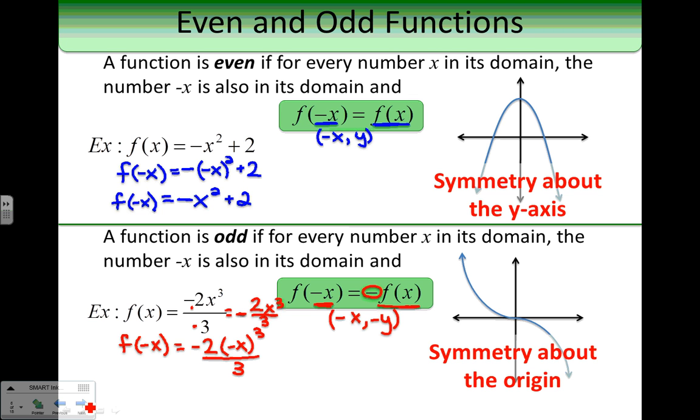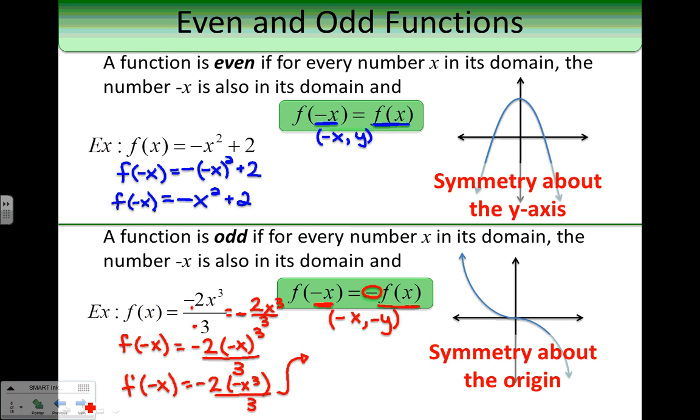So I plugged in negative x, so now I have negative 2 times negative x cubed. Well, negative x cubed is negative x times negative x times negative x, which is still negative x cubed, over 3.